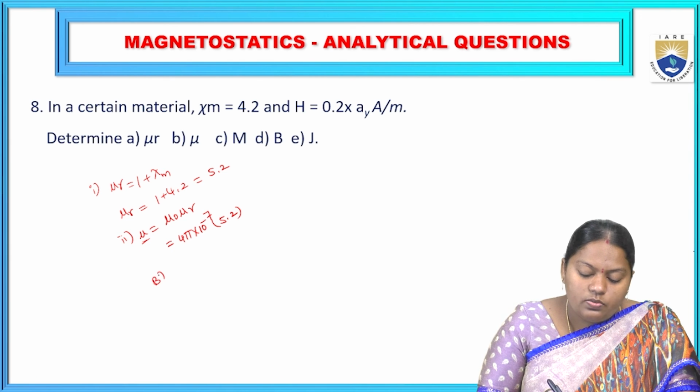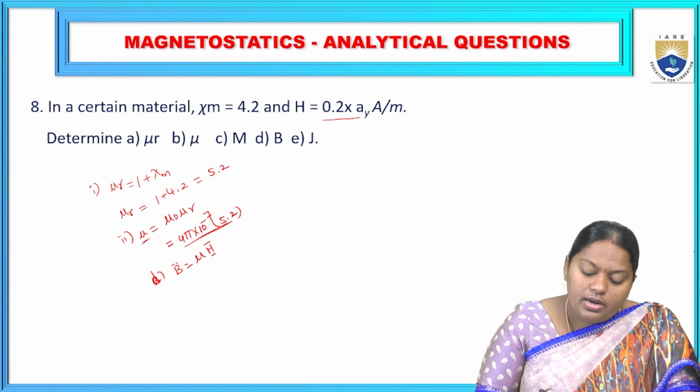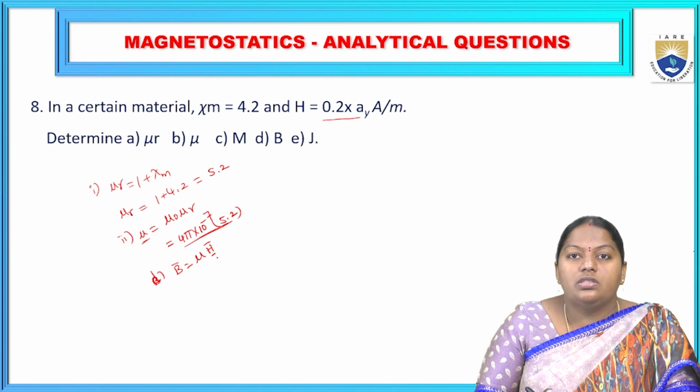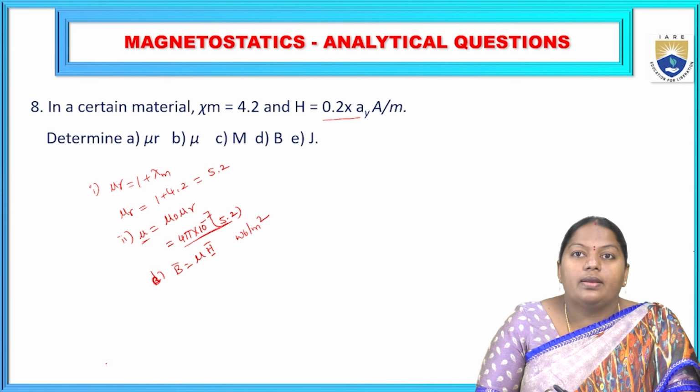To find B, B is equal to mu into H bar. So the mu value is obtained from here, and H is substituted as 0.2x into AY, where B bar and H bar both need to be expressed as vectors, and B is measured in units of Weber per meter square.